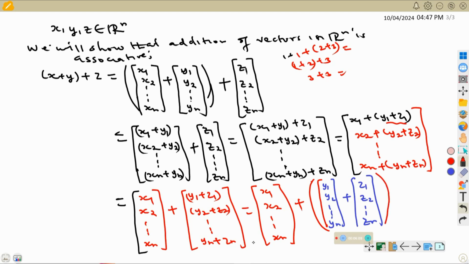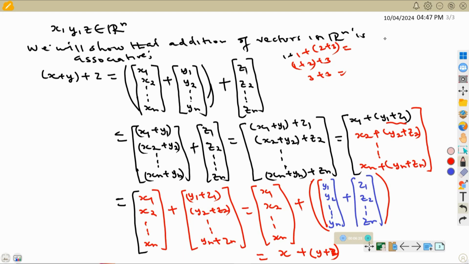But when you look at this, this one here is the same as x plus bracket, this one here is the same as y plus this one here is the same as z. So what clearly can we say?